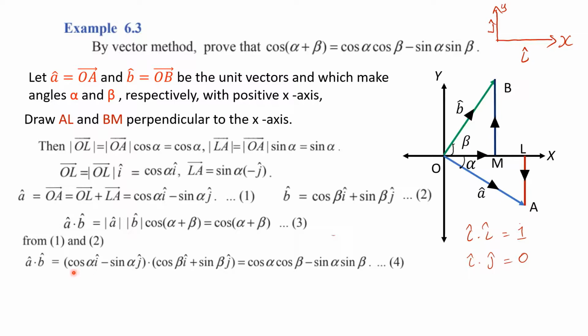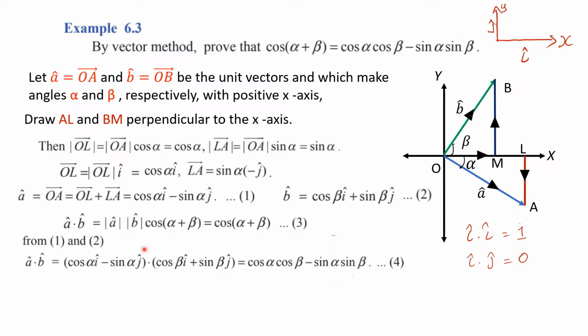So you'll be left with cos alpha i cap into cos beta i cap, and i cap into i cap will be 1. So it's cos alpha into cos beta minus sine alpha j cap into sine beta j cap. Again, j cap into j cap will be 1, so you'll be left with sine alpha and sine beta.